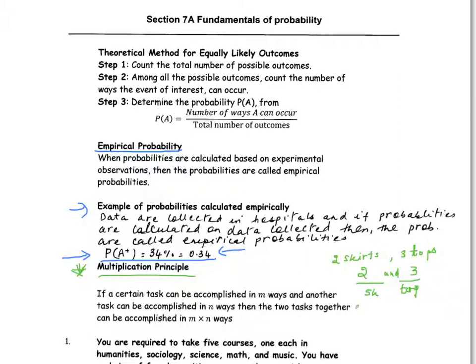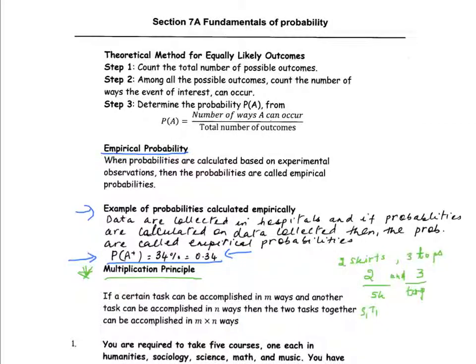So I can go skirt one, top one, or I can go skirt one, top two, or skirt one, top three. So basically, I can wear my first skirt with three different tops. Or I could switch to skirt two. I could wear it with top one. I could wear skirt two with top two.